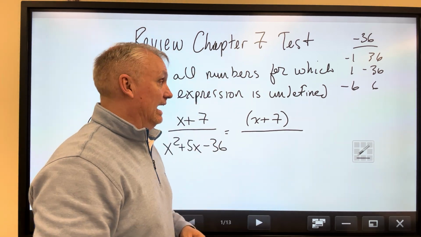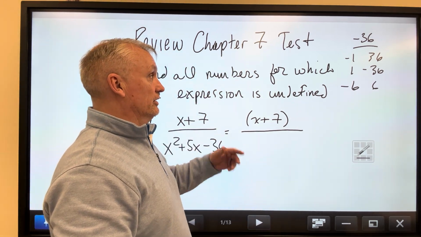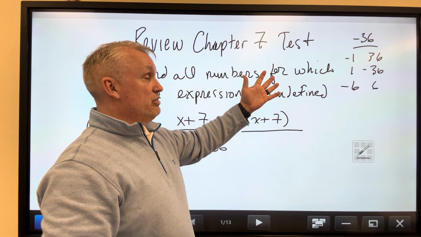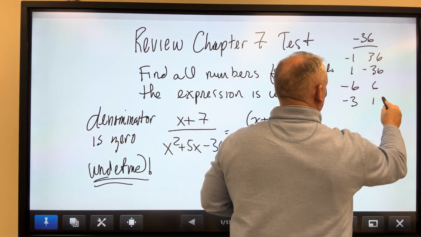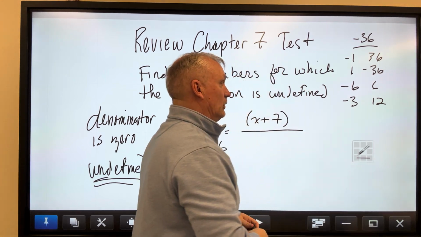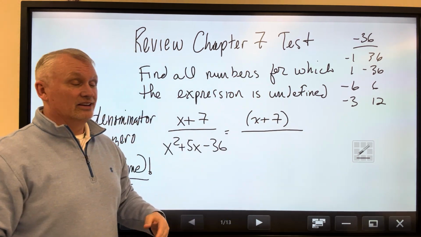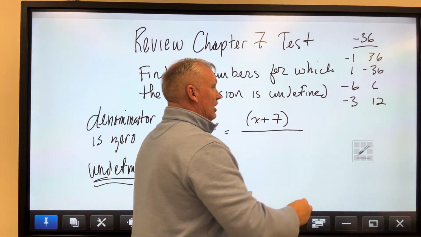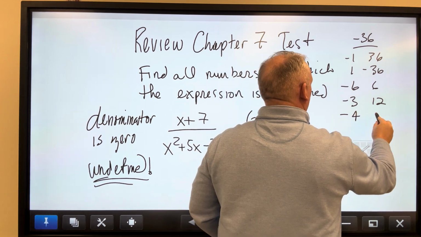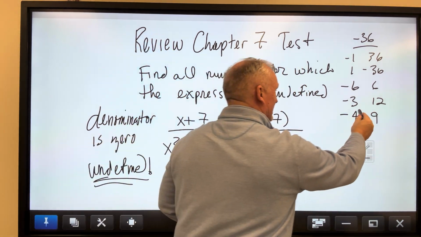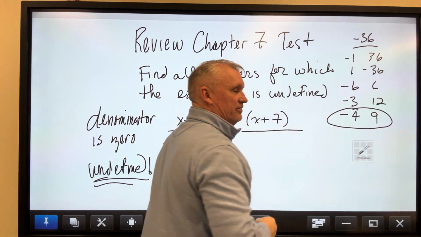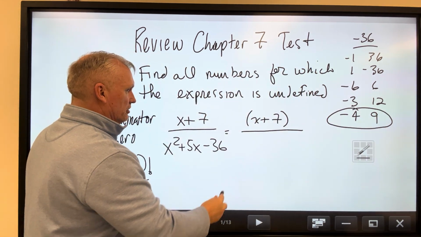Let's try 3 and 12. When I add those together, nope. What if I go negative 4 and 9? When I add these together, I get 5. That's what I want. So those are my factors.